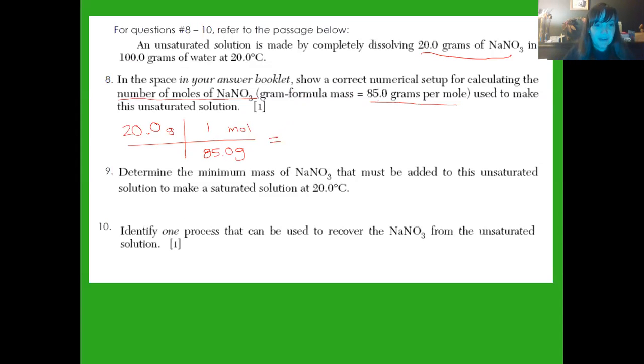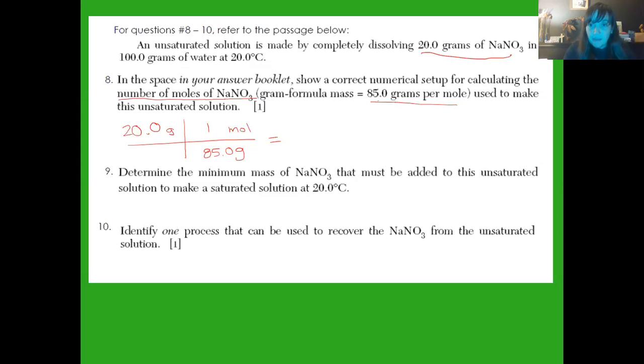All right, for number 9, it says determine the minimum mass of sodium nitrate that must be added to this unsaturated solution in order to make it saturated. Okay, I'm going to look at table G for this one because that shows how many grams of something you need to dissolve in water to make a saturated solution.